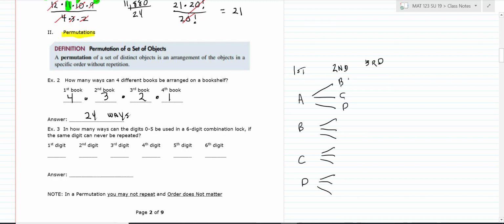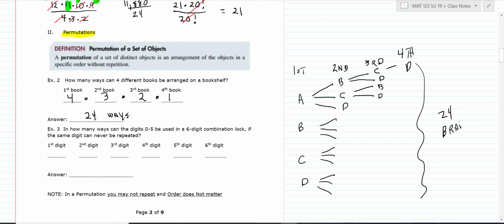When you go to the third book, this one couldn't be A or B, so it could be a C or a D. This one couldn't be an A or a C, so it could be a B or D. That's what would happen when you get to the 4th book. This branch right here would be A, B, C, D. Now, think about what the tree diagram is doing. Ultimately, you're going to end up with 24 branches.